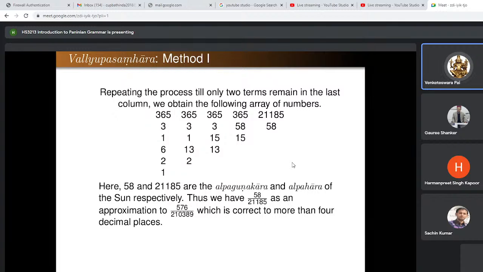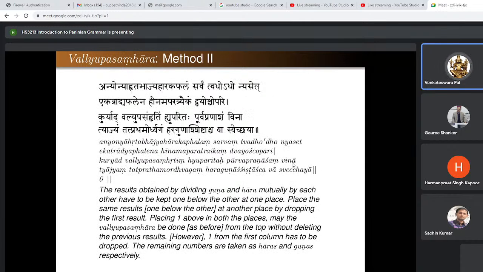Here 58 and 21185 are alpa gunakara and alpahara of the sun respectively. Thus we have 58 by 21185 as an approximation to 576 by 210389, which is correct to more than 4 decimal places if you compute this. So that's what we have now discussed, the Valluppasamhara method 1.